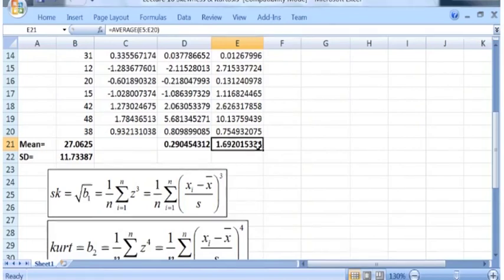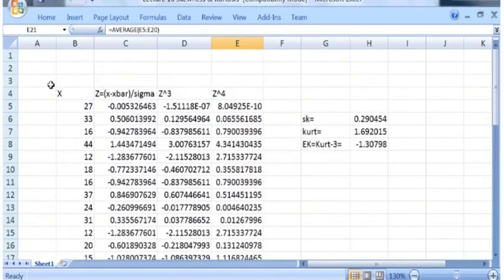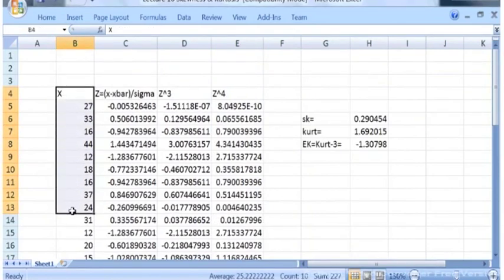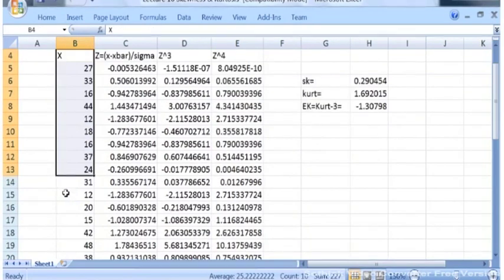If it is greater than 3, we get leptokurtic. If it is less than 3, we get platykurtic. Here its value is 1.69, which is less than 3, so we can say that this data is showing platykurtic behavior. So it is not normally distributed.